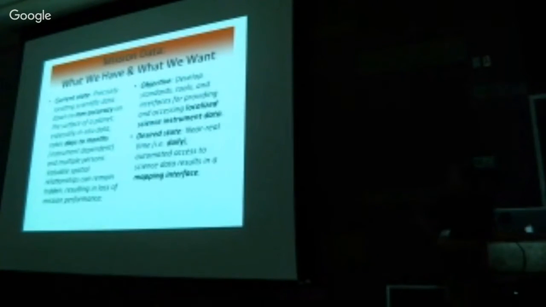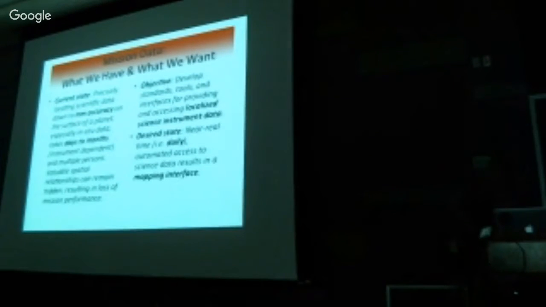So what we have now with mission data, the current state, you know, we have lots of seismic data that we can, in theory, localize out to millimeter accuracy. However, the bigger component is time. How do we find out where that instrument was pointed? Was it from a mast and you have an elevation? Was it on an arm? We do, sometimes months.